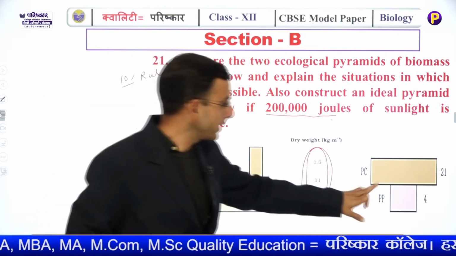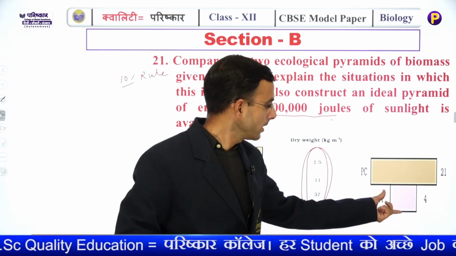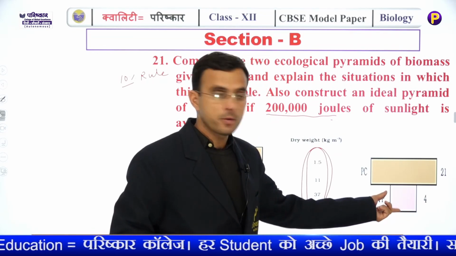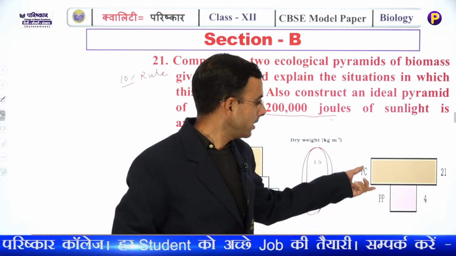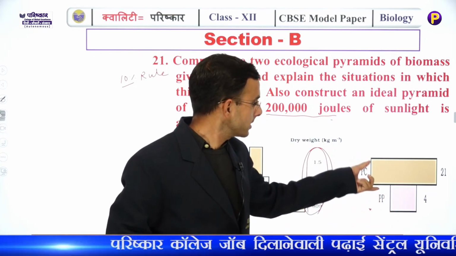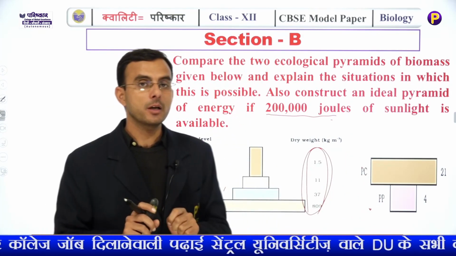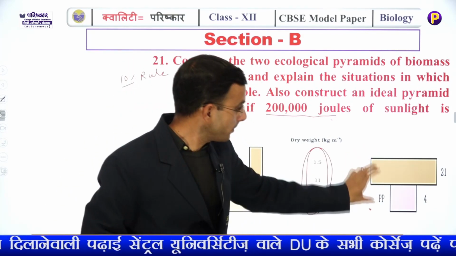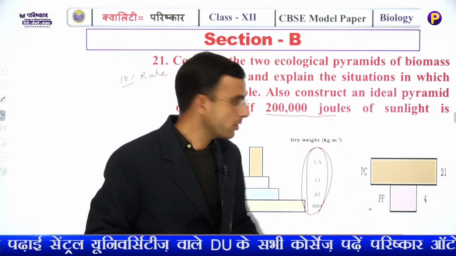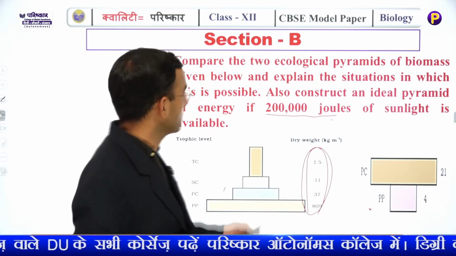On the other side is the aquatic ecosystem, and in it the primary producers, the phytoplankton, are less in number. On the other side, the primary consumers are higher in number, depending on the smaller number of phytoplankton in the aquatic ecosystem.